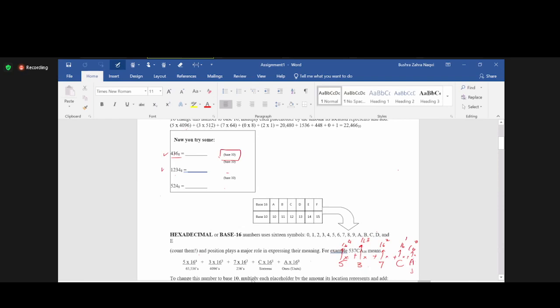That's it. So the weight is 16 raised to the power 4. You multiply by the number, which is here 537CA.